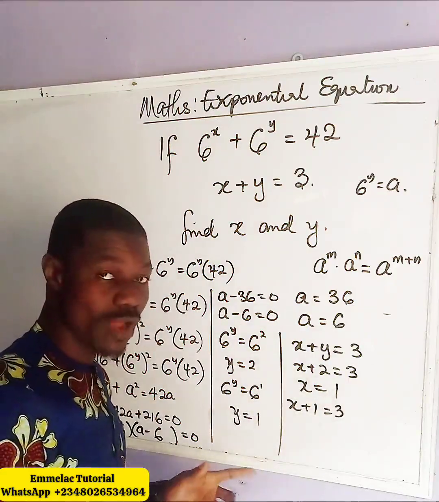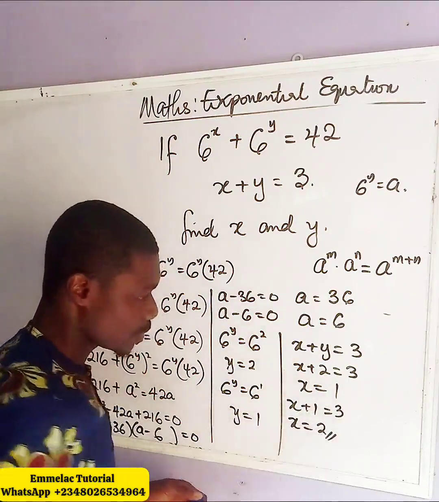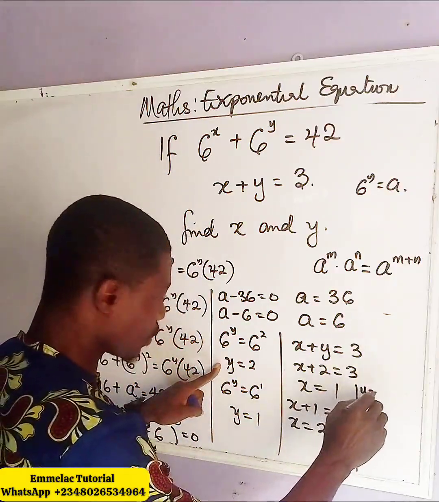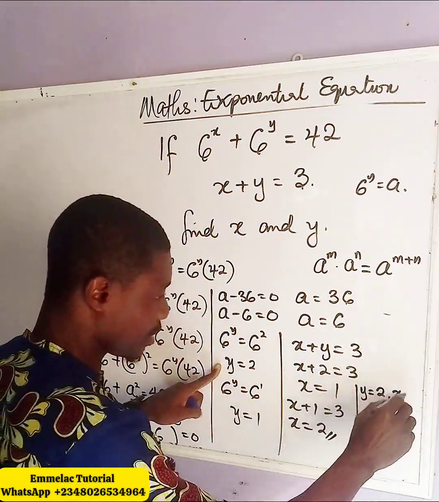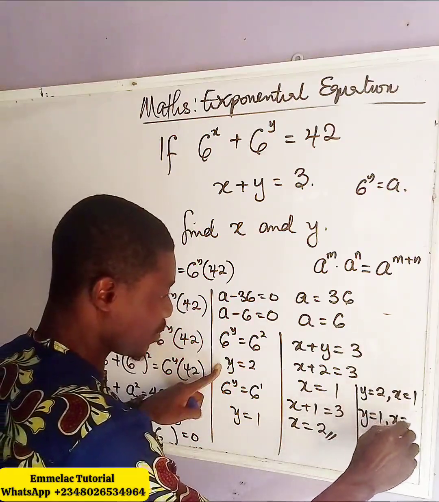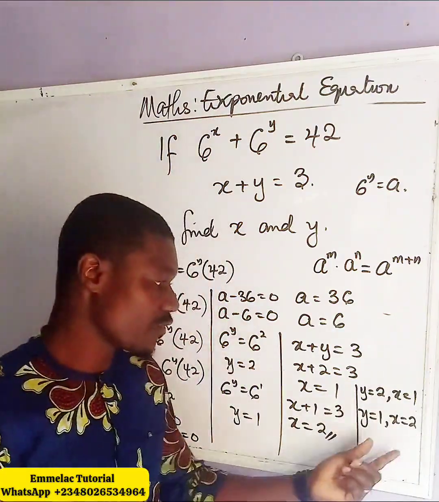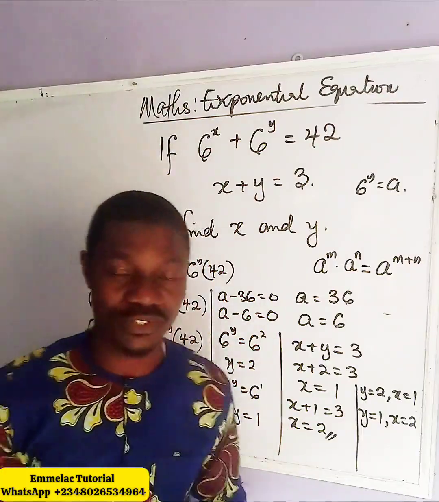So subtracting 1 from both sides, we end up having that x equals 2. So it implies that when y equals 2, x equals 1. When y equals 1, x equals 2. These are the various values of x and y that satisfy the equation.